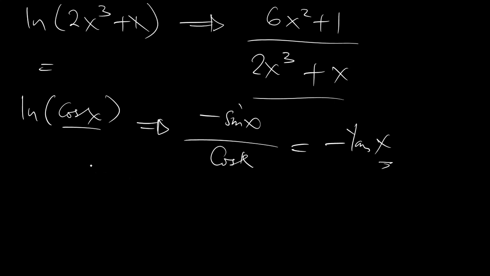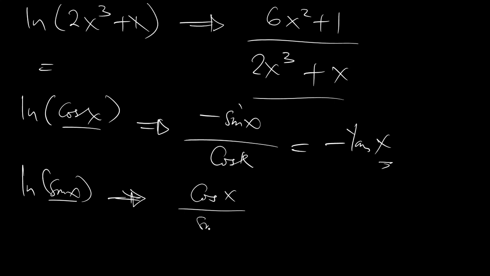So that is it. Now let's say you are given the derivative of ln sine x. The derivative of this is cos x divided by sine x. This will give you cotan x. So that is it.